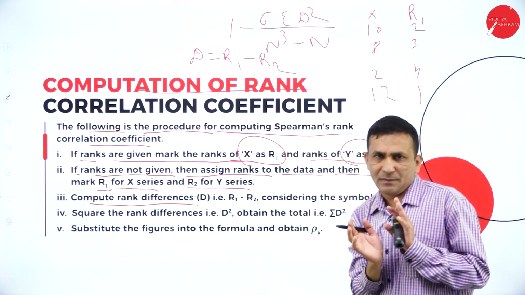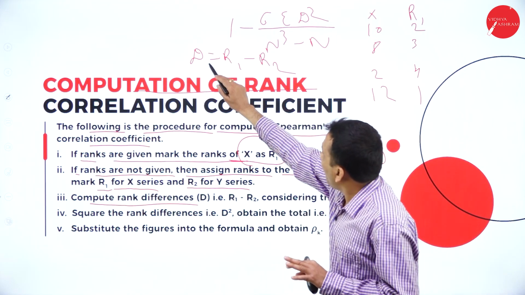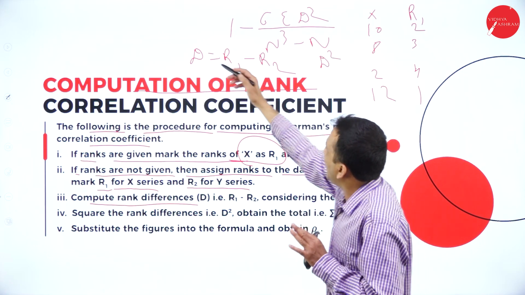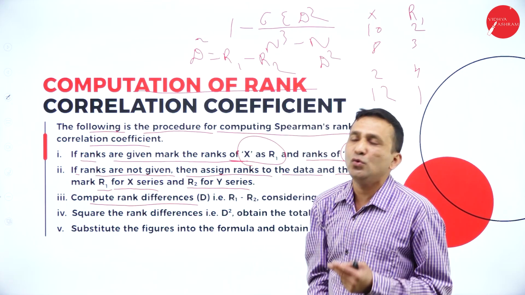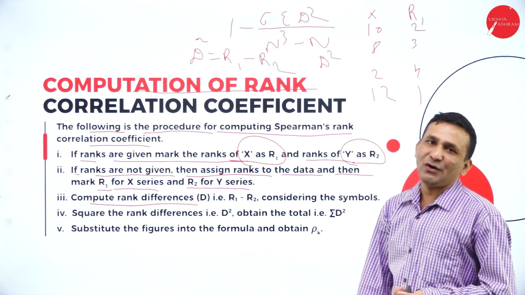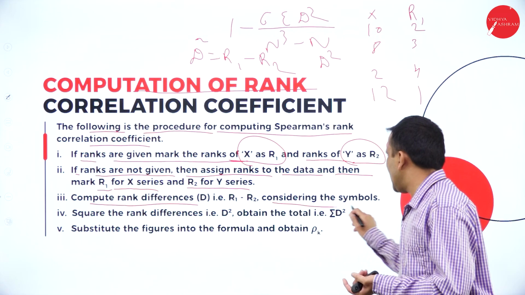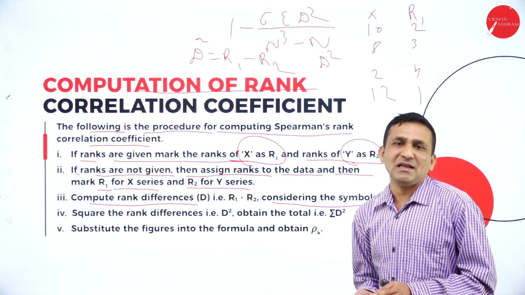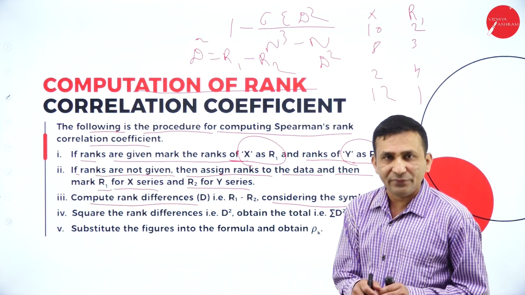This is a standard procedure, but after getting the D value, we go for D square. Directly we can multiply two times. So how do we get D? R1 minus R2. Consider the sign, it is very important. We need to consider minus and plus, otherwise the value will differ.